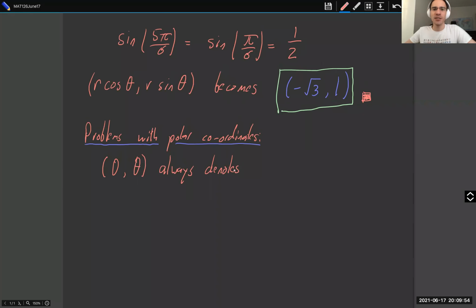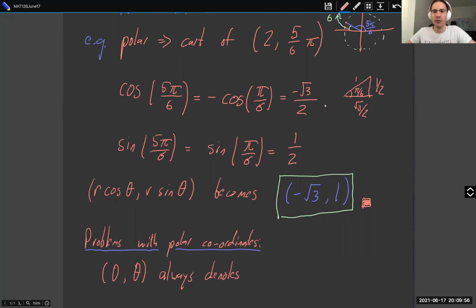If I set the radius equal to 0, then which point am I referring to? So if I set r equal to 0 in this formula, then what do I get? (0, 0). Yeah, and that's also known as the origin.